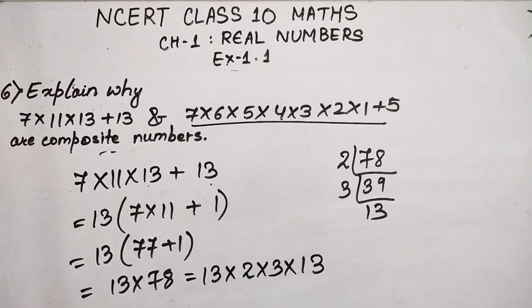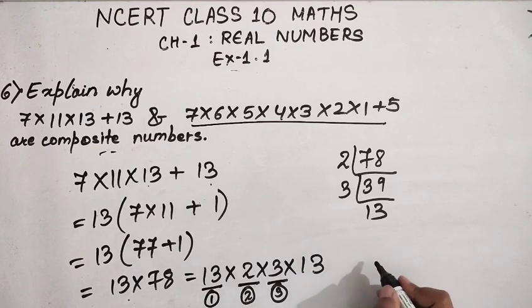In this case, we don't have to calculate the exact whole number. We have already got over here 1, that is 13, 2, that is 2, and 3, that is 3. First is 13, second is 2, and third is 3. We have already gotten 3 factors of the number apart from the number itself.